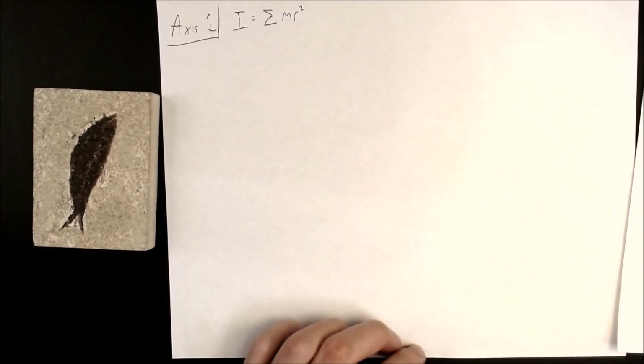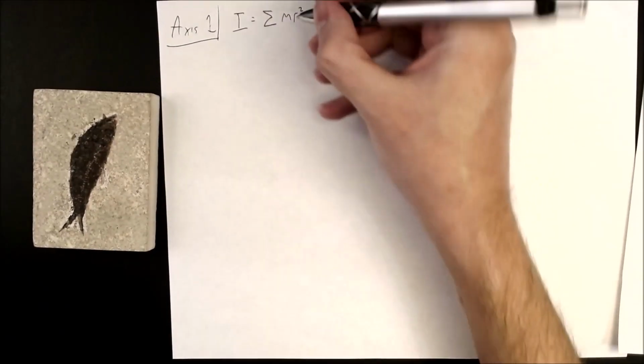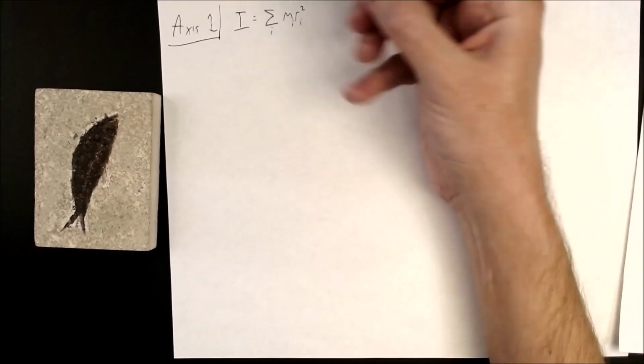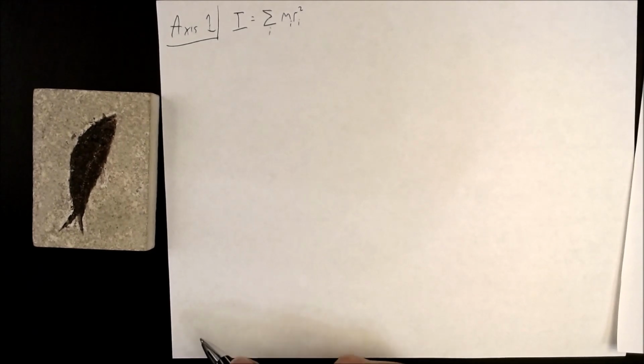This is the general summation form. It indicates that if we have multiple objects denoted by i, we can sum over each object that we have. If we know the individual moments of inertia of each object, then we can just sum over every object.